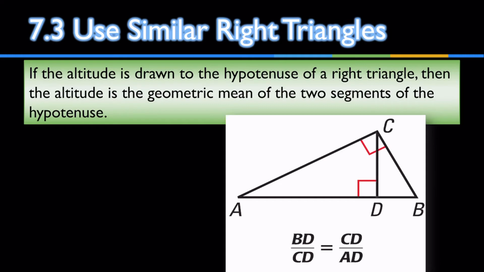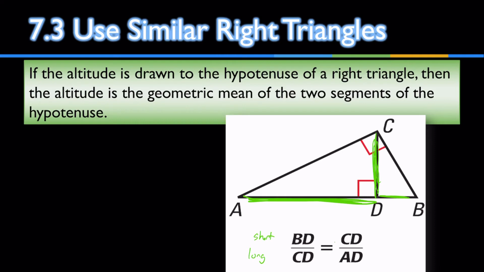And we have another theorem. If an altitude is drawn to the hypotenuse of a right triangle, then the altitude is the geometric mean of the two segments of the hypotenuse. So because they are similar, BD to CD, that's the short leg to the long leg. So in the medium triangle, the short leg is CD. The long leg is AD.